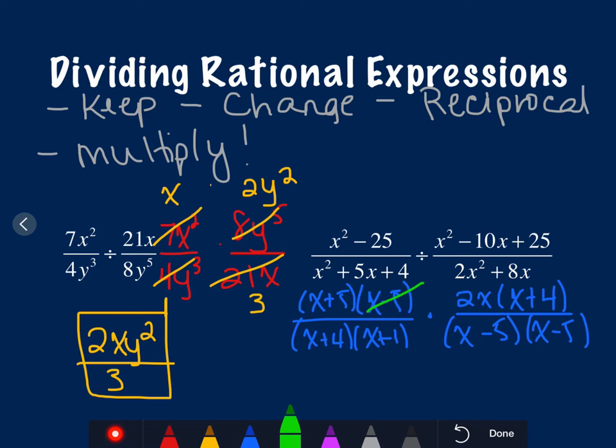Now I can cancel. One copy of the x minus 5's cancel, x plus 4 cancels, and that looks like everything. So my answer here is x plus 5 times 2x, so 2x times x plus 5 over x plus 1 times x minus 5.